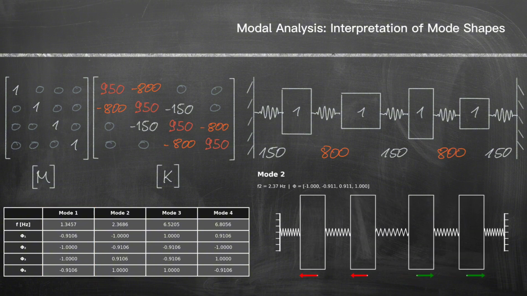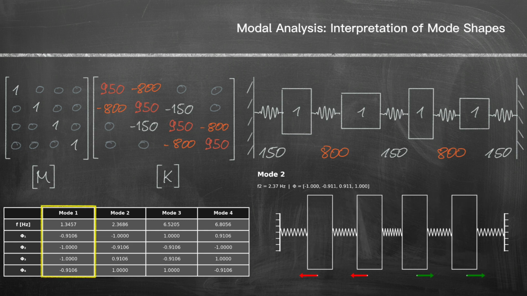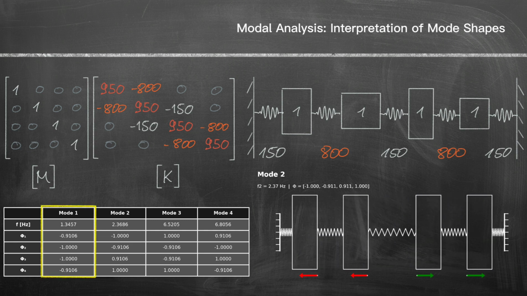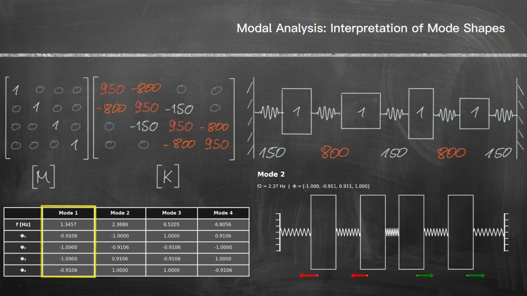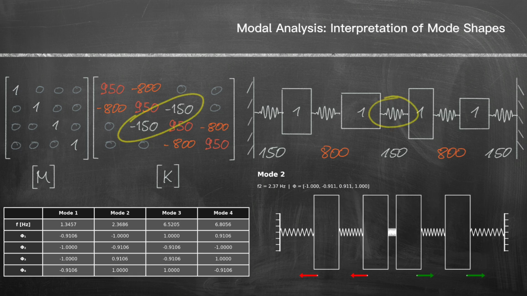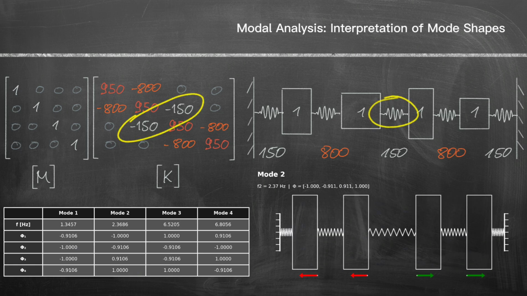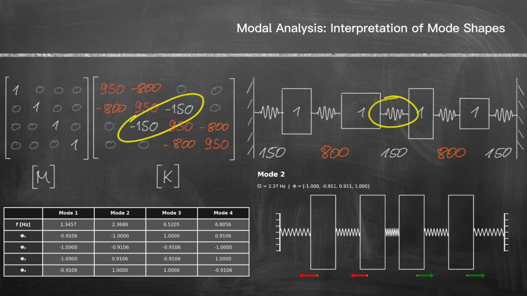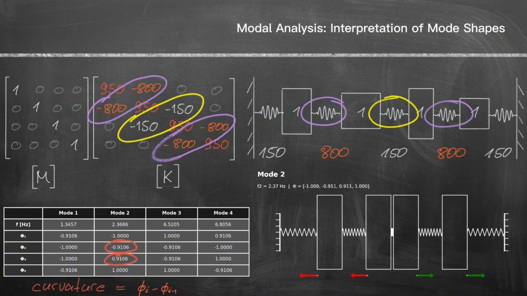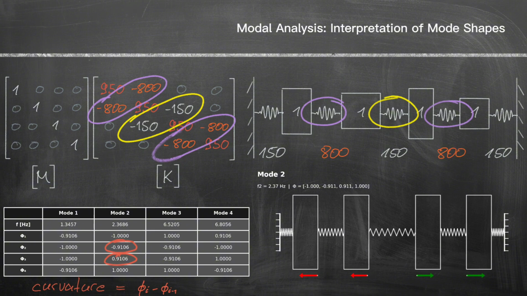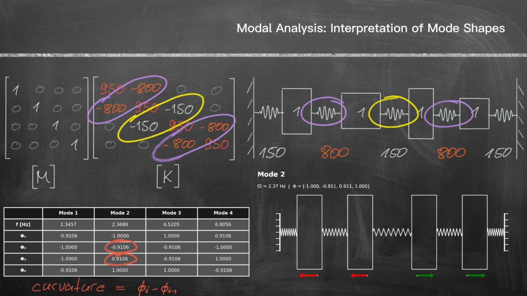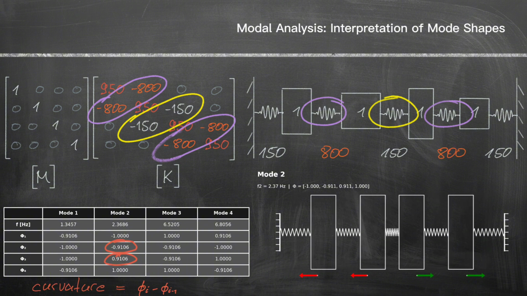Local modes, in contrast, are dominated by 1 or 2 degrees of freedom. In the visualization, this appears as large amplitudes concentrated in a small region. In matrix terms, these modes exploit weak stiffness connections while avoiding stiff ones. A practical indicator is the curvature of the mode shape. High curvature and abrupt sign changes usually point to strong stiffness contrast encoded in K.